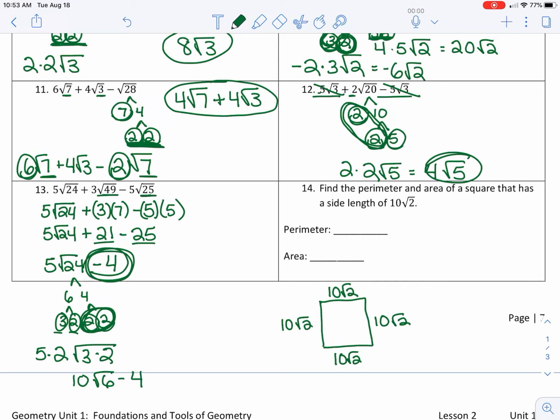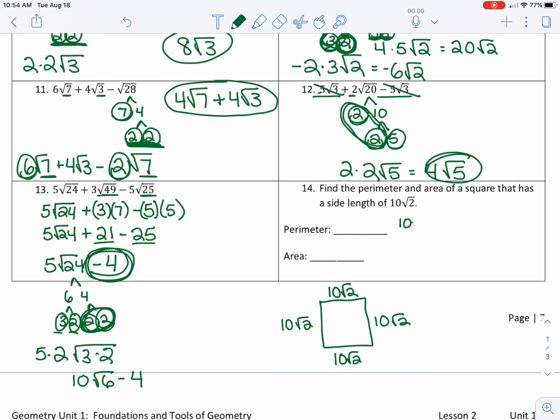Now, the other thing that we should know how to find is perimeter and area. So perimeter is the distance around. So if I wanted to go around the perimeter of a building, that means I'm walking around the entire building. Like if somebody were to say check your perimeter, that means that they're checking around to make sure that there's nothing around. Okay, so I'm gonna just add up all of my sides.